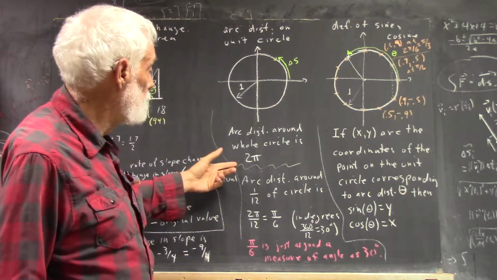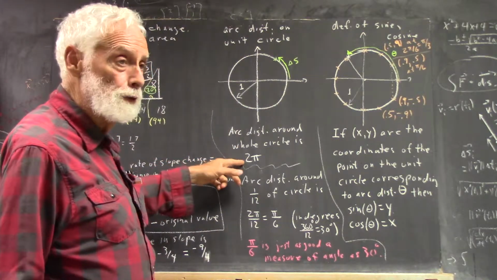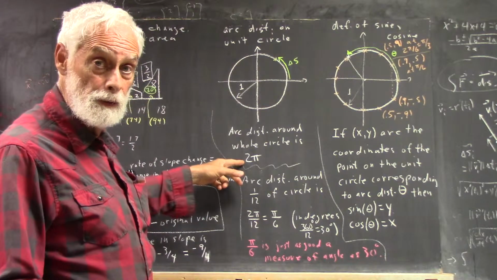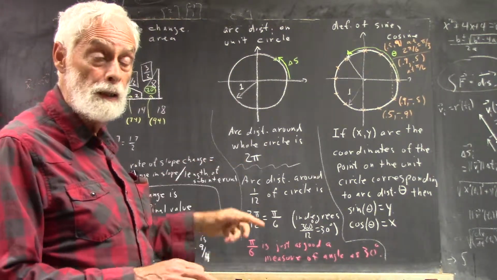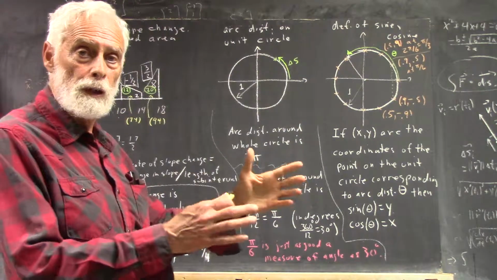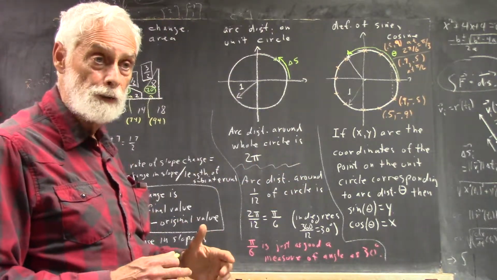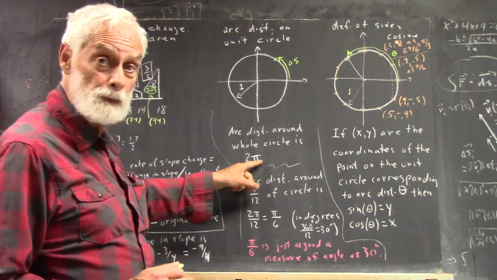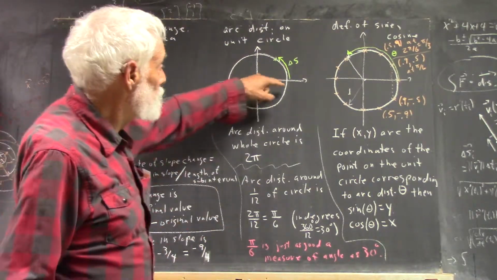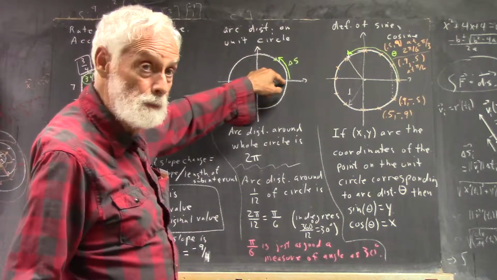arc distance. We know the arc distance around the whole circle is 2 pi. Why is that? Now you go back to the most basic definition. The definition of pi is the ratio of circumference to diameter of a circle, that is, circumference of a circle divided by the diameter. That's what pi is. So, what's the arc distance around the whole circle?